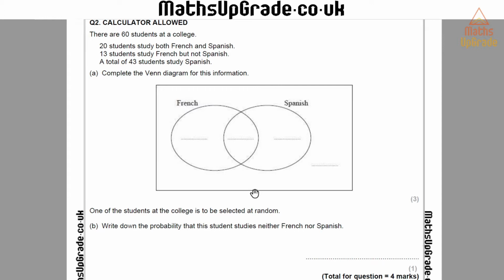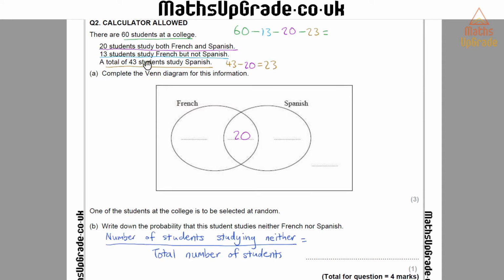So with the Venn diagram, we always try and start from the inside and work our way out. So we're first of all told 60 students are at the college altogether. So for that, we know that all the numbers inside the entire region must add up to 60. We're also told 20 study both French and Spanish, so 20 would go in the middle there. 13 study French but not Spanish, so 13 would go here.